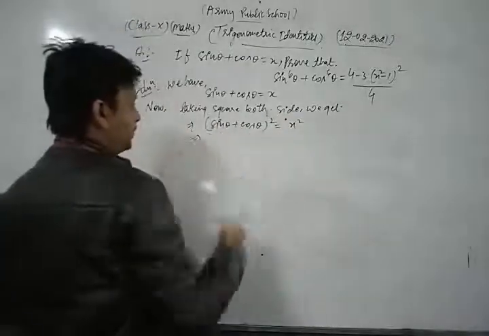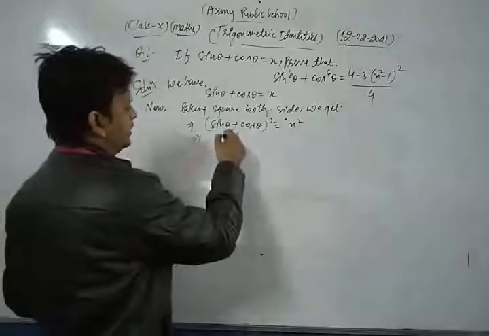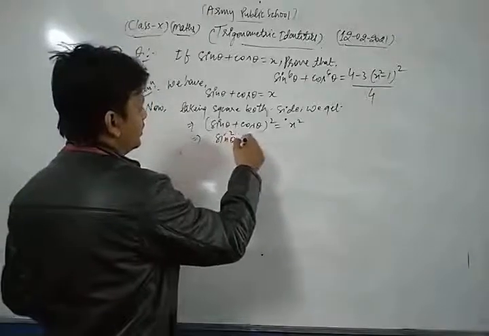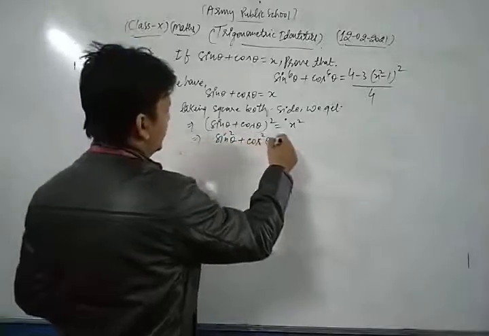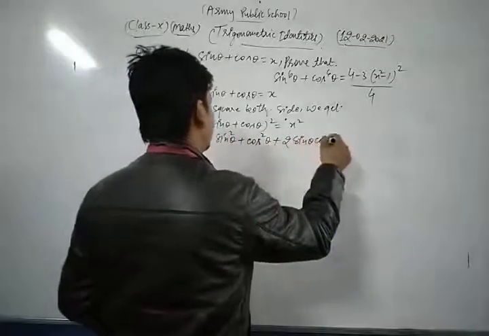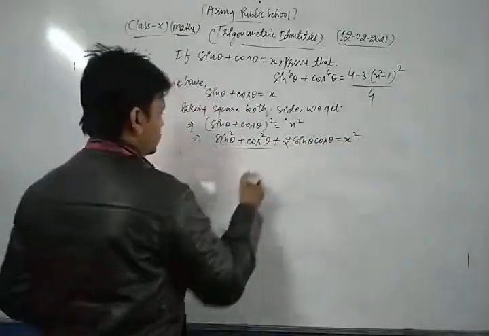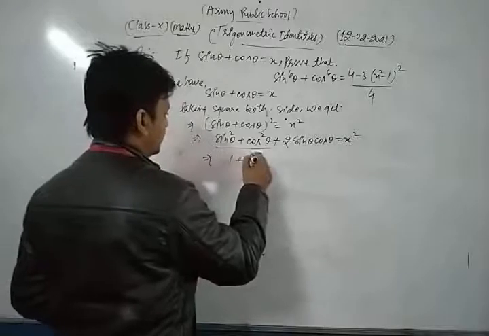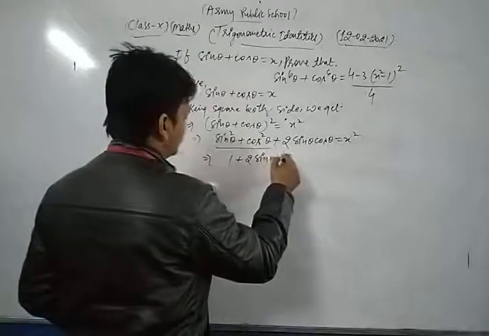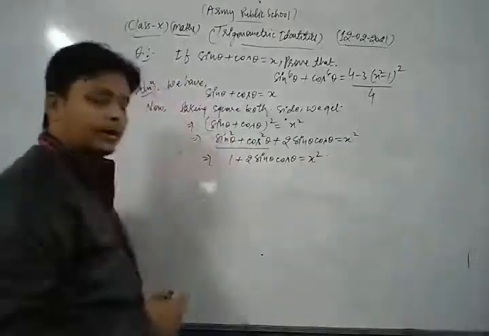Now we expand it using the identity (a plus b) whole square. So what I get is a square plus b square plus 2ab is equal to x square. The value of sin square plus cos square is 1. So 1 plus 2 sin theta into cos theta is equal to x square.